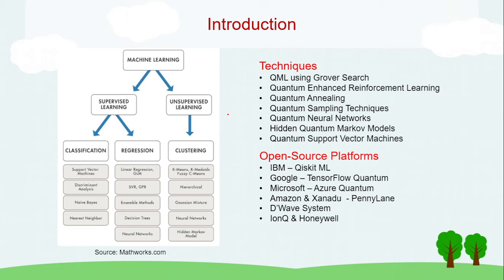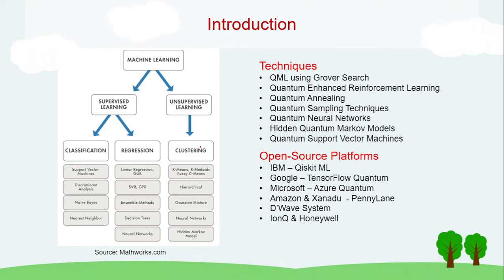Most of you are aware of machine learning, but let's have a quick recap. Machine learning can be classified in different ways. This is one such way, given by MathWorks. Supervised learning, unsupervised learning. Under supervised learning, we have classification problems and regression problems, and under unsupervised learning, we have clustering problems.